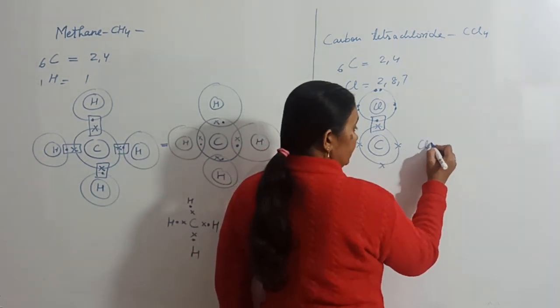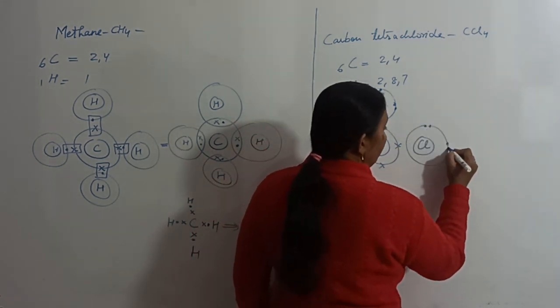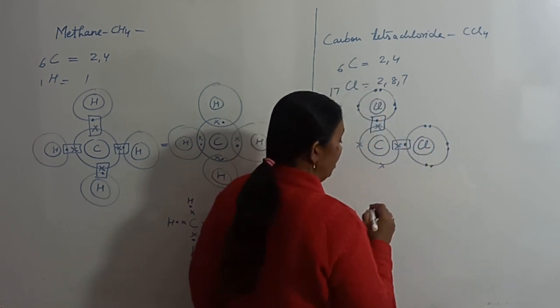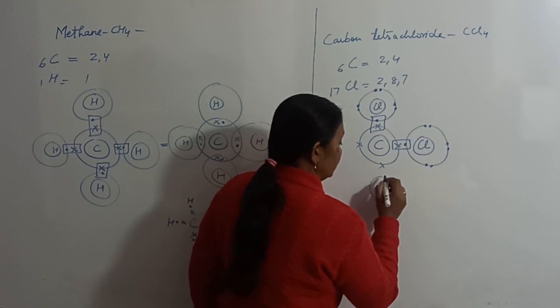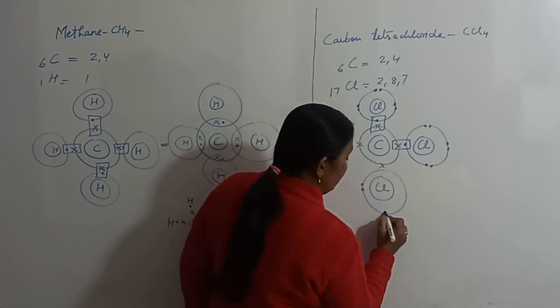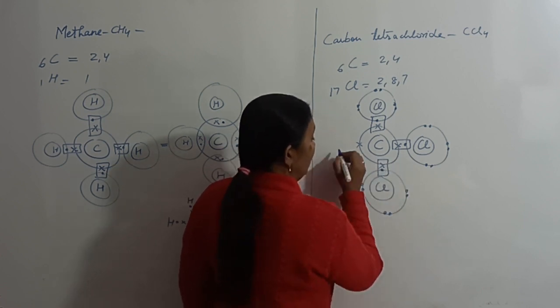Another chlorine will come. It will also have 7 electrons. 1 more electron is shared. Third chlorine, 7 electrons, 1 more electron shared.